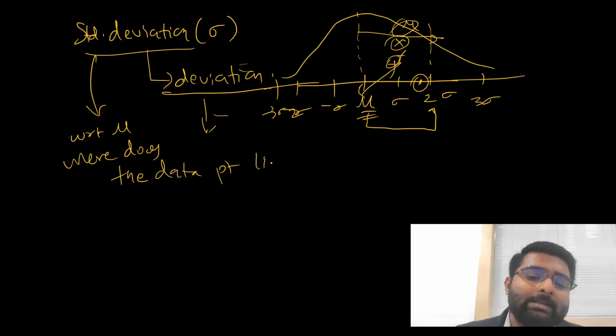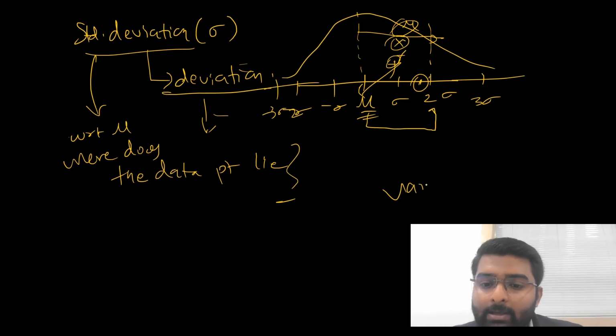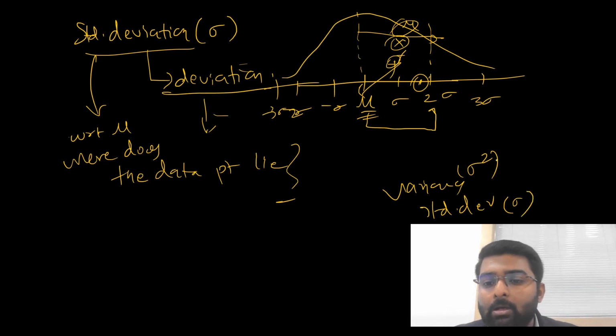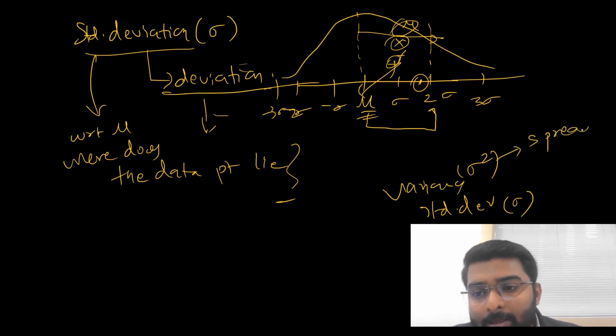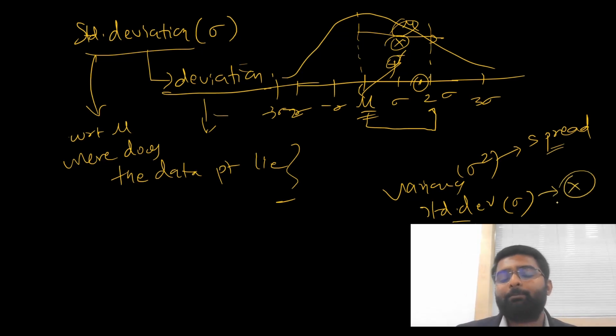That is the whole funda of standard deviation, nothing else, nothing more. So variance is given by sigma square and standard deviation by sigma. Variance tells me how spread my data is, and standard deviation tells me where the data point lies with respect to mean.